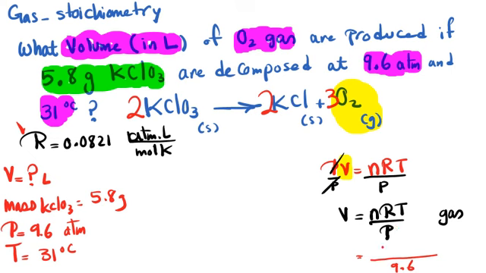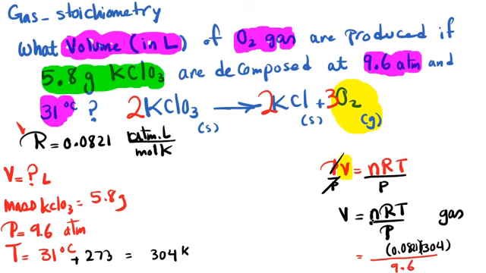T is going to be 31 degrees Celsius. So let me add 273 to make sure this number is in K. So I'm going to write 304 for temperature.